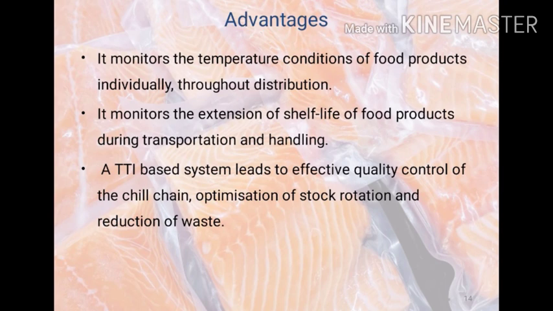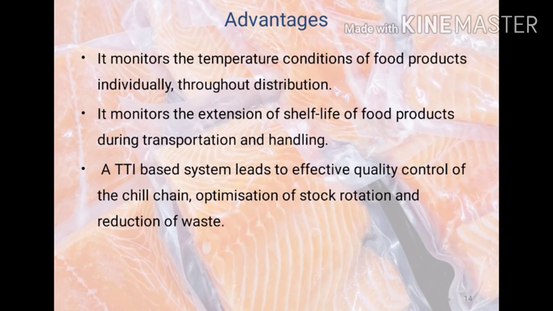The presence of this time temperature indicator itself would probably improve the handling and also act as a reminder to the distribution employees throughout the distribution chain of the importance of proper storage, that is the proper temperature storage of the food product.